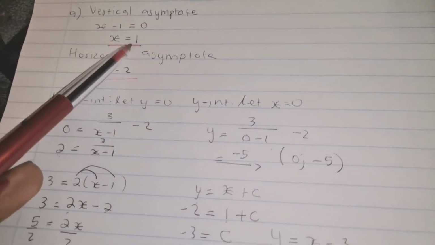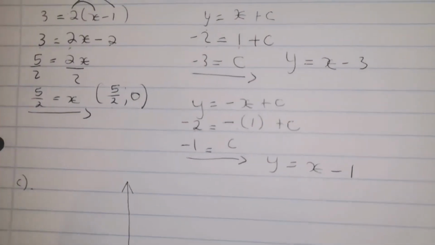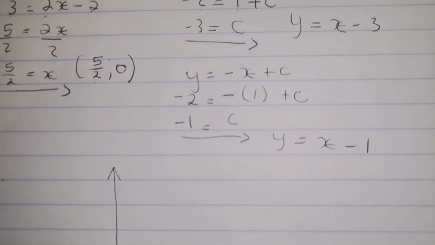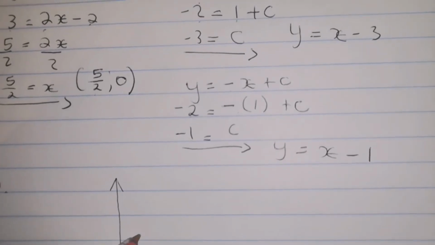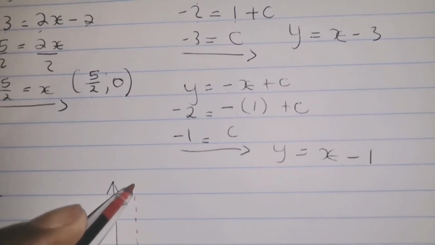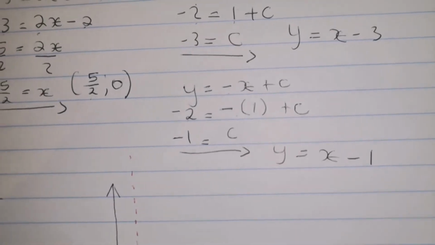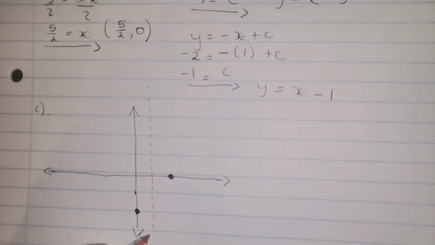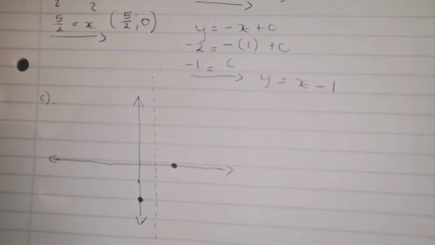Our vertical asymptote is 1, meaning coming to the side at 1. We just draw a dashed line at 1 here, up until infinity.